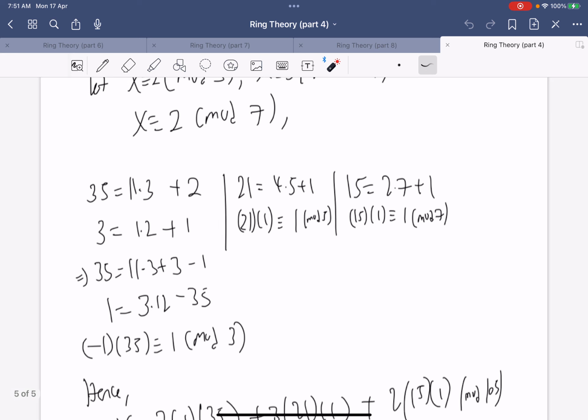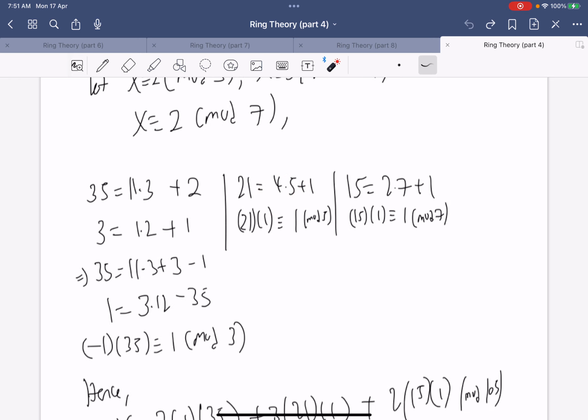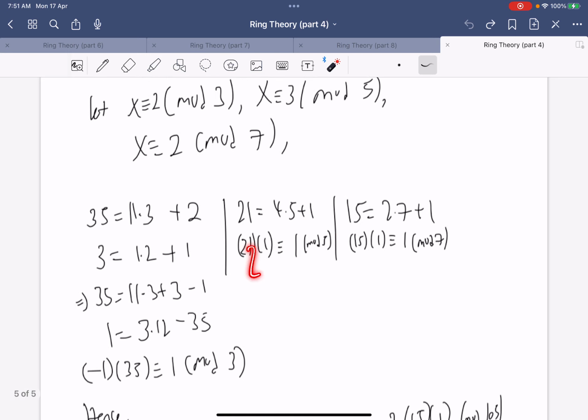Similarly, 3 times 7 is 21, and you see that the multiplicative inverse is 1, as 21 times 1 equals 1 mod 5. And similarly for 15, the multiplicative inverse is 1 as well.